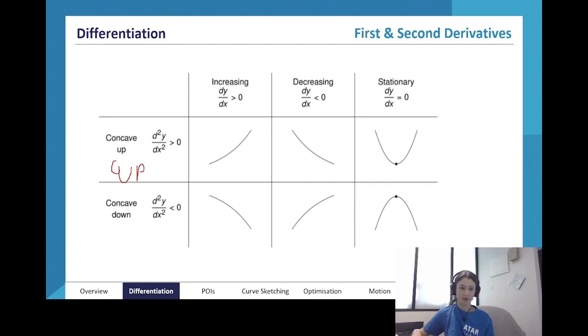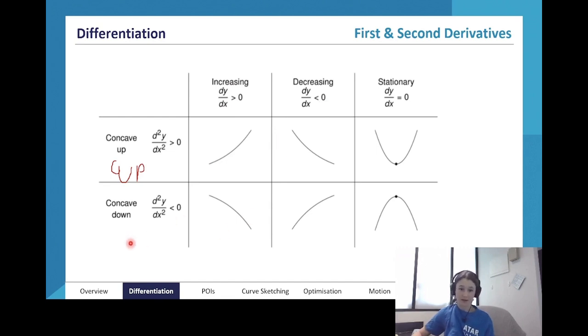But I remember it as cup, concave up, and as you can see, all of the curves that we've been shown for concave up look like they would, if you rained water down on them, catch the water. That's how I think of it. So even though this section here does look like a cup, these two sections here don't really look like a cup. But if water came down here, the two curves would capture the water, sorry.